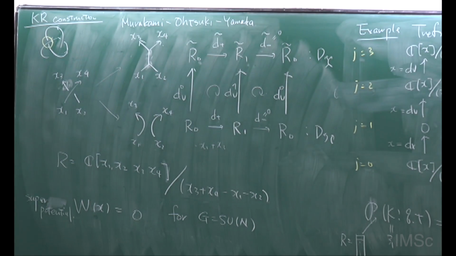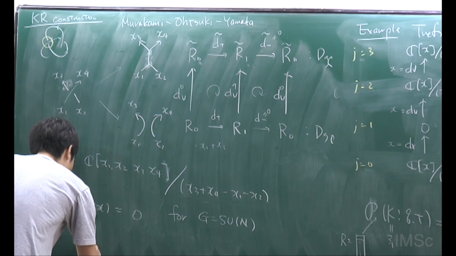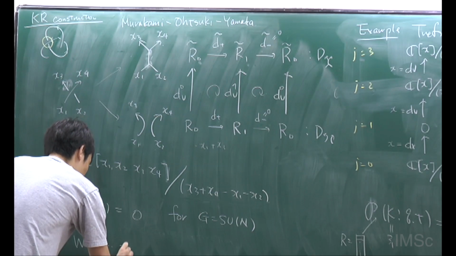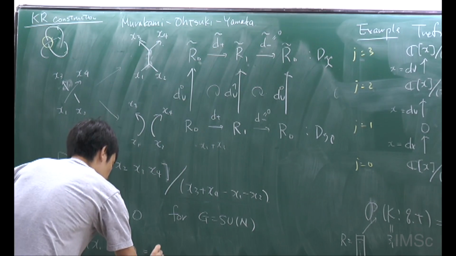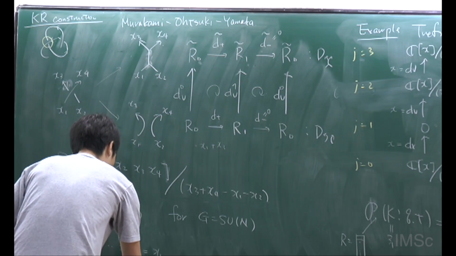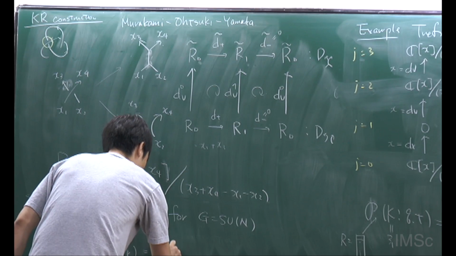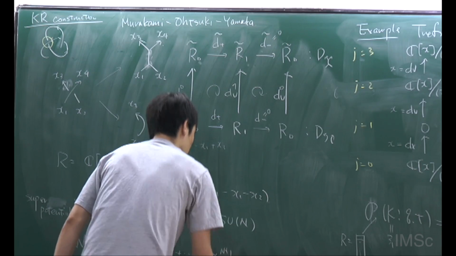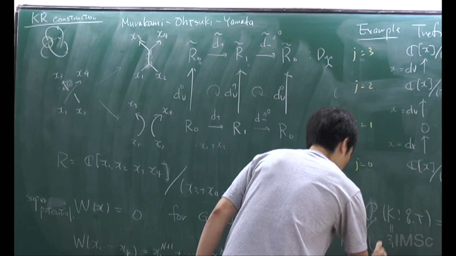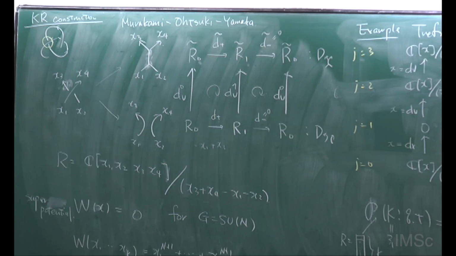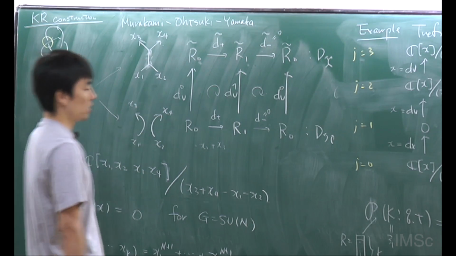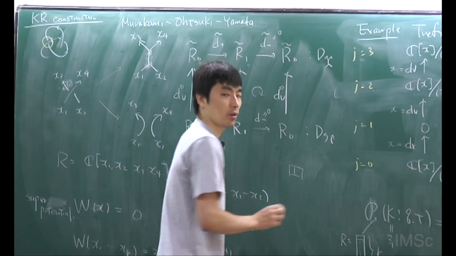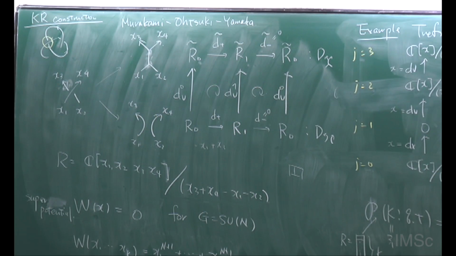To do that, the superpotential has lots of variables instead, where K is the number of boxes. For example, for symmetric representations, one can apply this method.